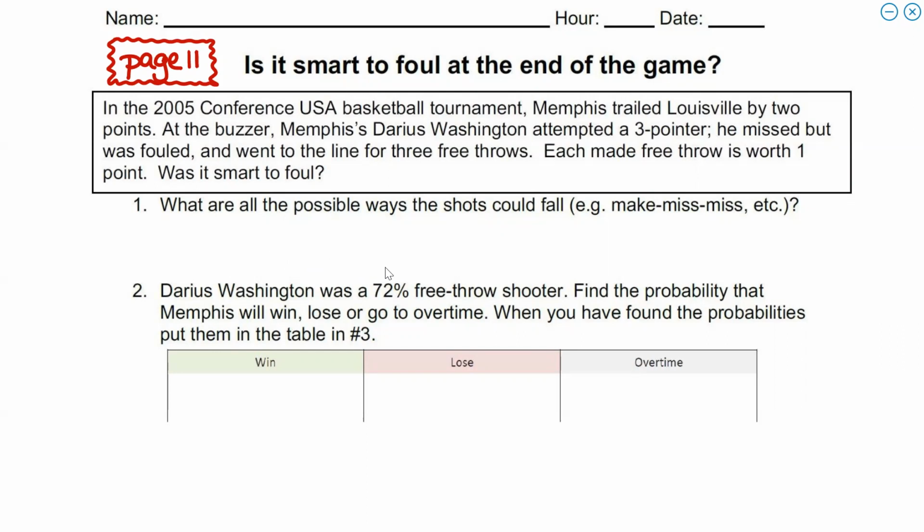What else could happen as he steps up? Miss, make, miss.